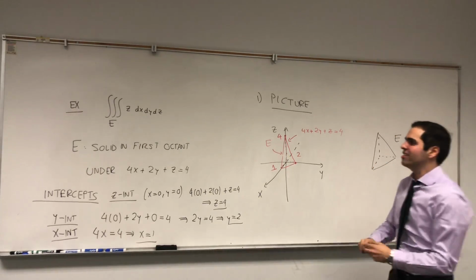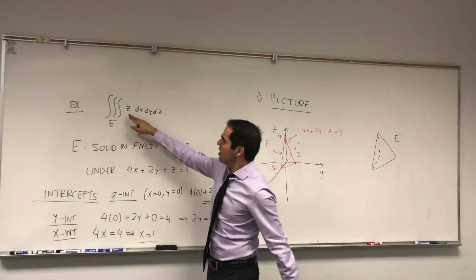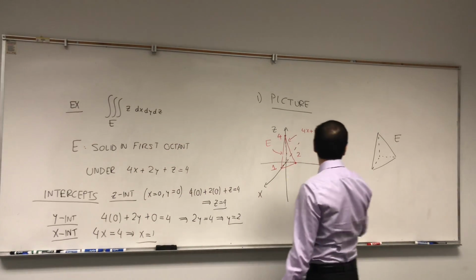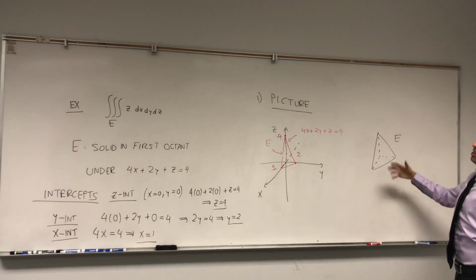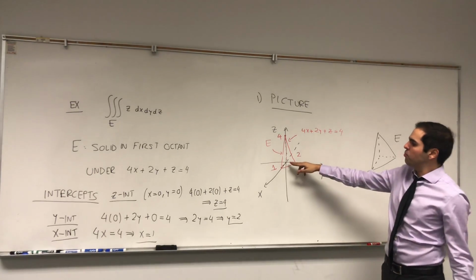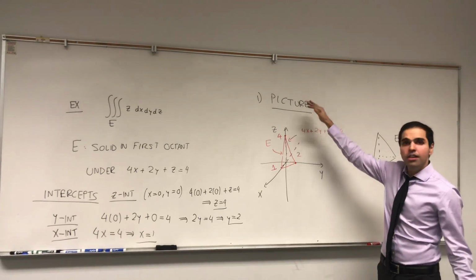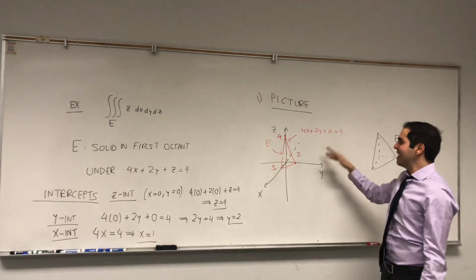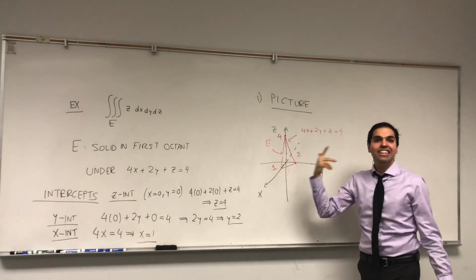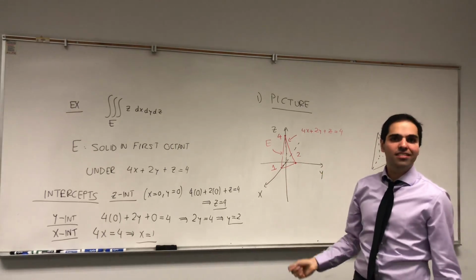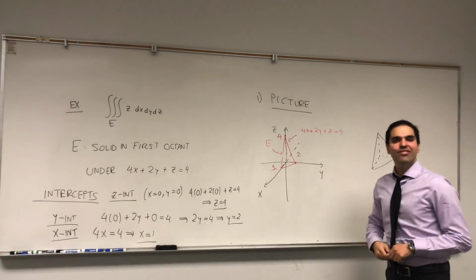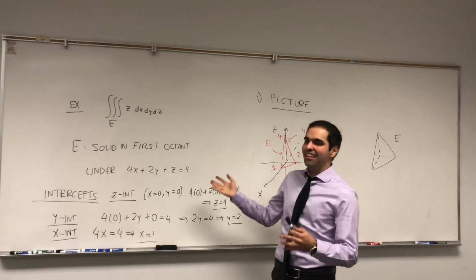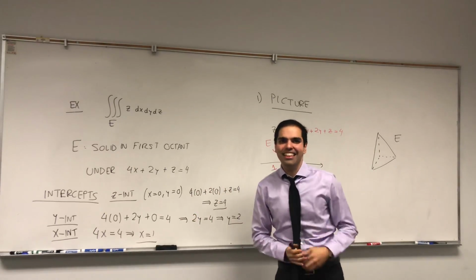Luckily, there's another interpretation. If you think of z as being the density of the solid E, then in other words, if E has a property that it gets heavier the higher up you go, then the triple integral calculates the mass of this solid E. And in fact, I have another video, a fun video, where you can calculate the mass of the sun in that way.